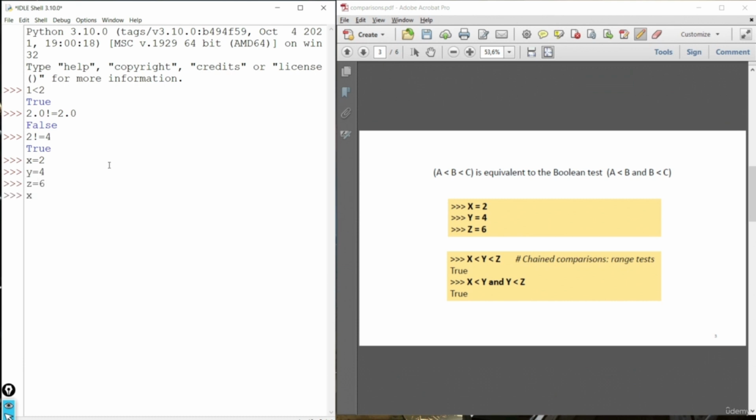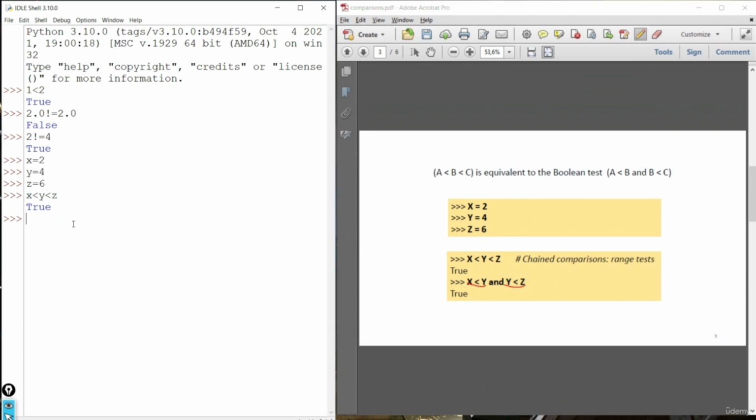If I type x smaller than y smaller than z, what do I do? I check whether x is smaller than y, then y is smaller than z. If both are true, the result is true. So in this case, both are true, and the result of the chain comparison is true. If we type x smaller than y and y smaller than z, we get the same result.